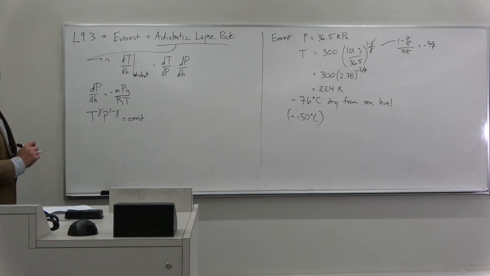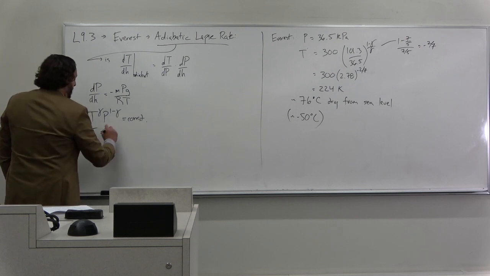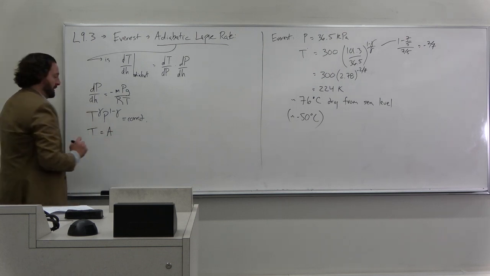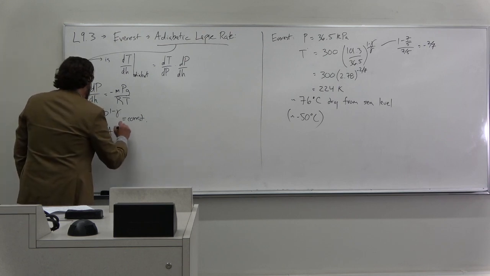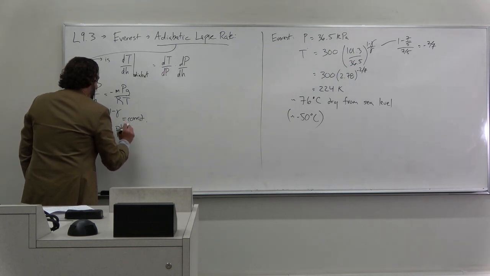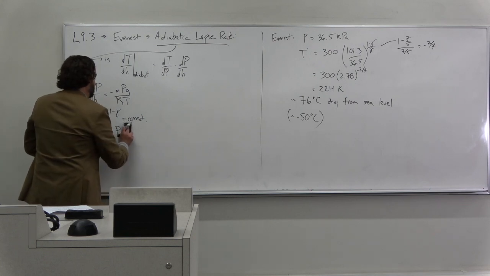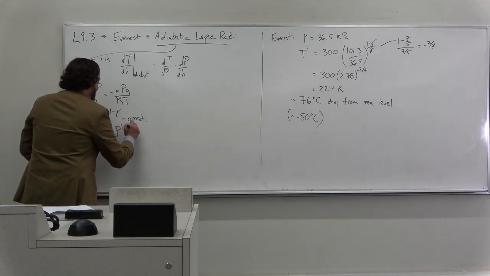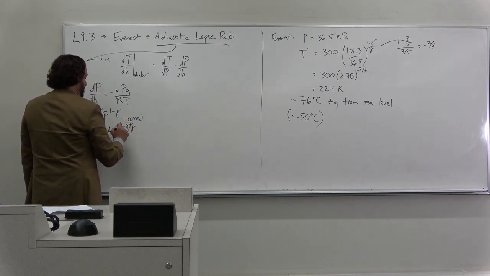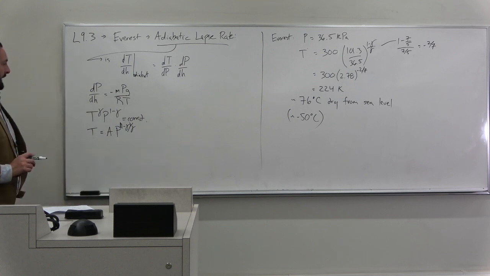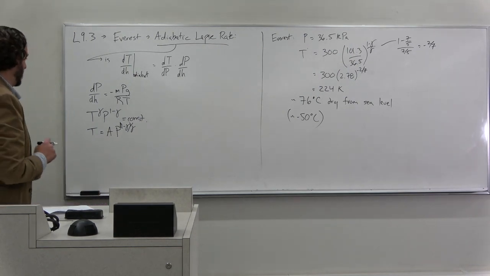So I'm going to call this T equals some constant, don't care what that constant really is, times P to the 1 minus gamma over gamma. Since I can constantly redefine that A, it doesn't matter.